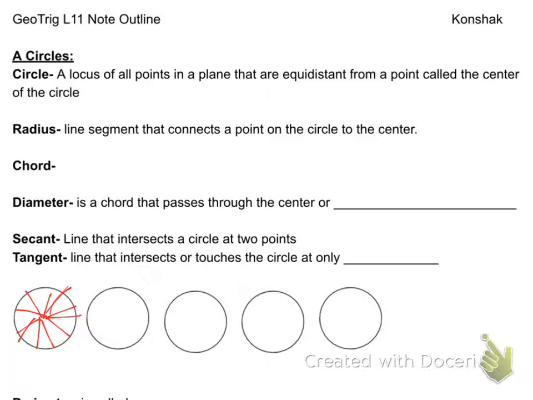Okay. So the first circle, that's what we're using for radius. The second circle is what we're going to use for a chord. A chord, ladies and gentlemen, is a line segment that connects 2 points on the circle.